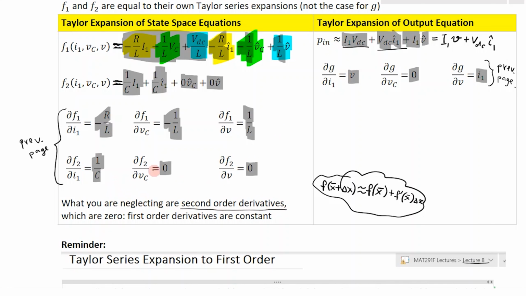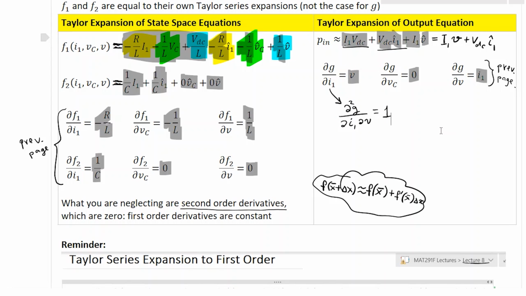Second order derivatives are actually zero in the state equations because any of these guys differentiated with respect to anything would give you zero since it's a constant. Here, however, if you differentiate this guy with respect to v, this derivative is equal to 1. It's not equal to 0. So because of this, Taylor expansion is actually an approximation.